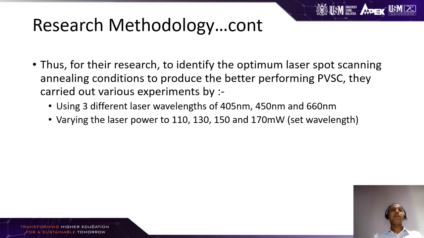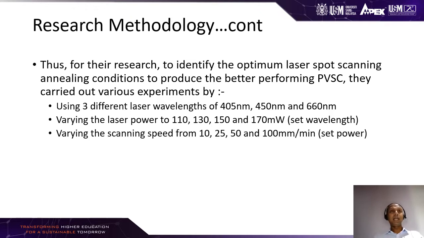At the same time, they also varied the laser power to 110 milliwatts, 130 milliwatts, 150 milliwatts, and finally 170 milliwatts, while keeping the wavelength the same. They repeated this for the various wavelengths. And then they also varied the scanning speed from 10 millimeters per minute to 25, to 50, and 100 millimeters per minute, while keeping the set power the same.